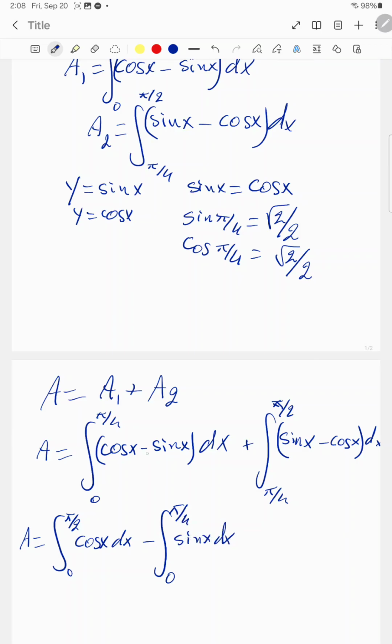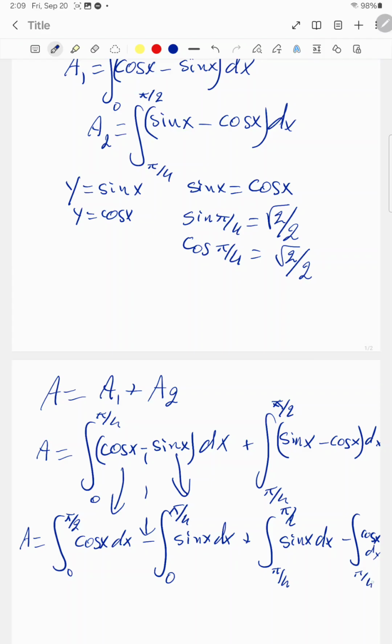That minus came here, plus the integral between pi over 4 and pi over 2 of sine x dx minus the integral of cosine x dx.